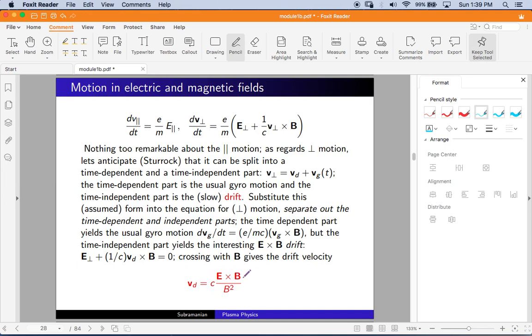Very, very important. The algebra is simple, but the result is very important. So this is the drift velocity.